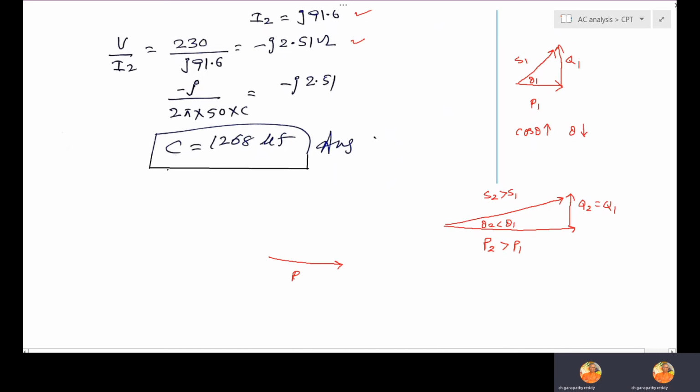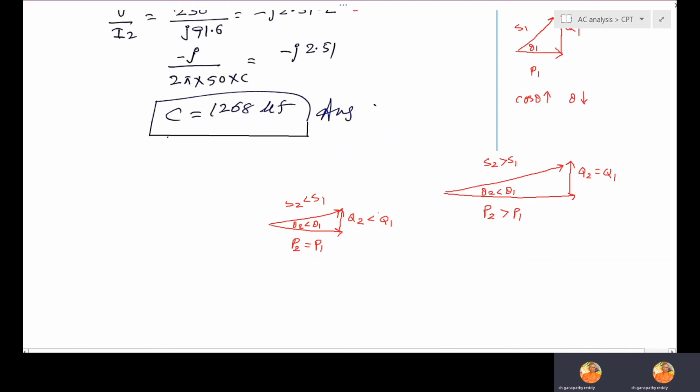P same, P2 equal to P1, and Q2 decreases. Q2 less than Q1, and automatically S2 less than S1. Theta 2 also less than theta 1. So without disturbing P, Q only is decreased, then the angle is decreased. Now we are safe. But how do you decrease the Q value?